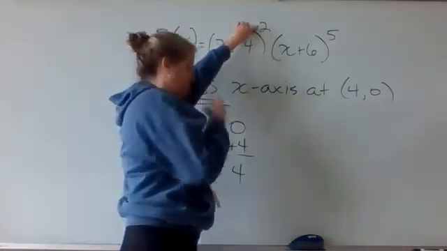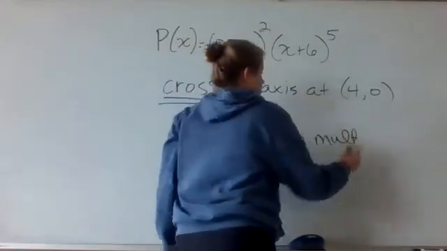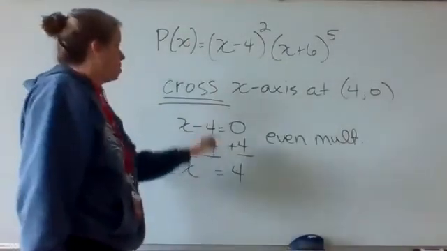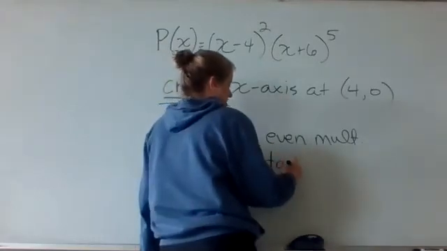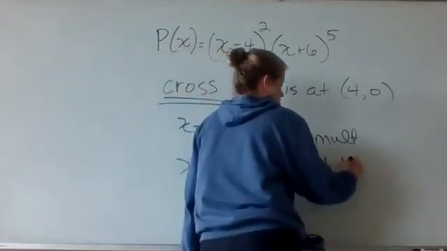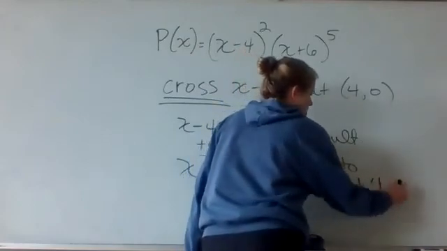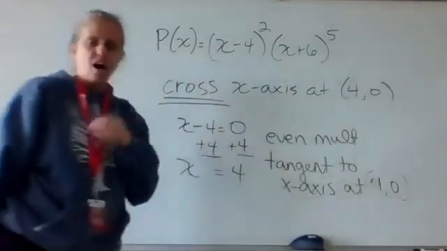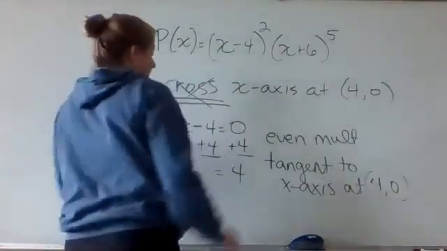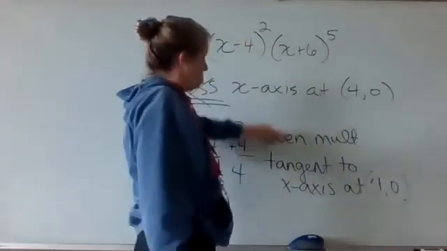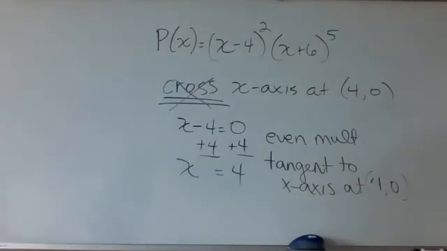It's even, right? Which means, yes, it is an x-intercept, but what does even multiplicity mean? Even multiplicity means it's tangent to the x-axis at 4, 0. So it would be false. It doesn't cross the x-axis at 4, 0 because the even multiplicity makes it tangent to the x-axis at 4, 0.